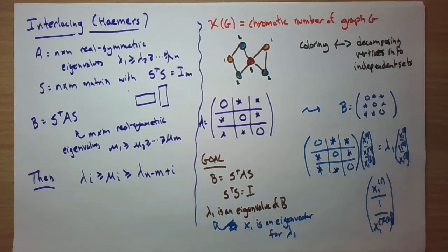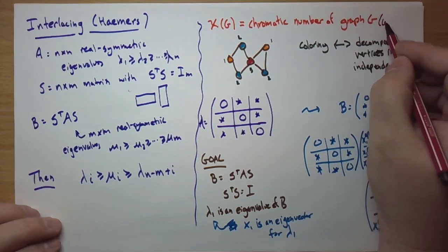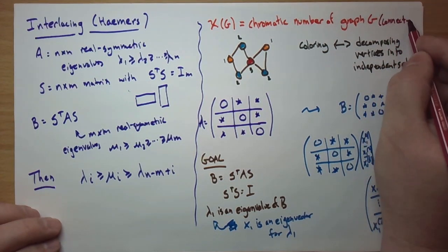All right, so do we know anything about this eigenvector, or can we make some assumptions about this eigenvector? And let's just assume in the background that G is connected, to simplify our conversation.